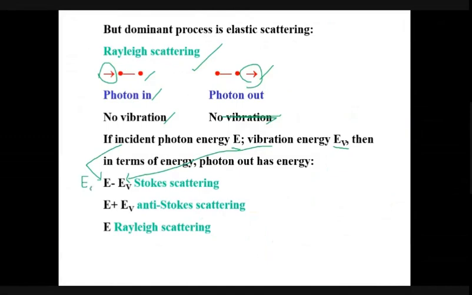Let us call it EO, photon out. Okay, this is the statement for Stokes. This is the statement for anti-Stokes scattering, and this is the statement for Rayleigh scattering. Do you agree with these statements, students? Go through, try to understand. If you don't understand anything, do ask me. And if you have understood, please type down so that we can proceed.